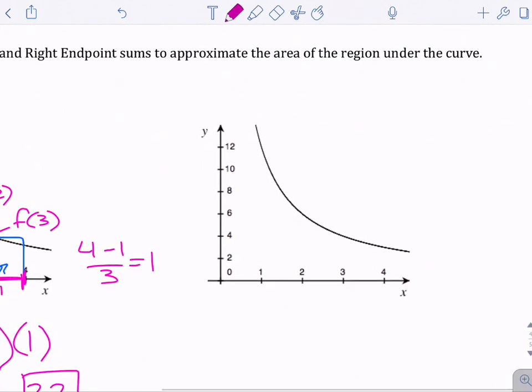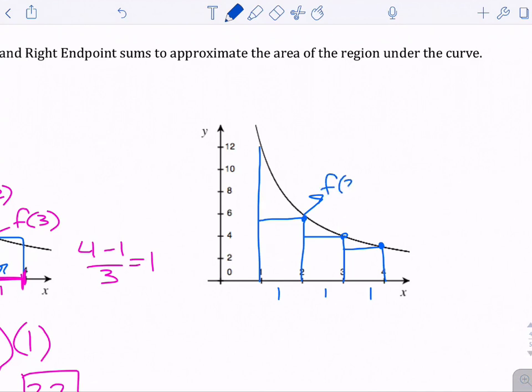All right, next we want to try this with right endpoint rectangles. So we're still going from 1 to 4, breaking it into 3 equal pieces, but now we want the right endpoints to be the ones that are touching. Okay, so now our rectangles actually fall below the curve. So now we just need to find the area of all 3 of these. Notice the width is still 1, but now our height is based on that right endpoint.